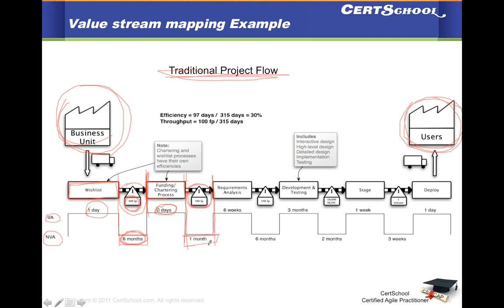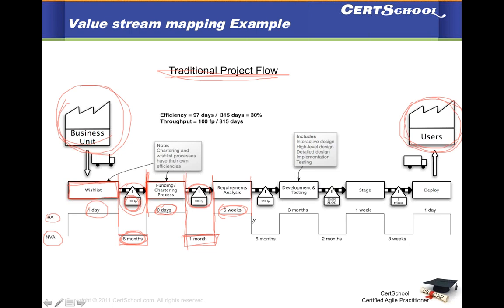So 1 month here is not a value add. Now that you're doing requirement analysis, it is a true value add. So you get 6 weeks of true value in that product, because you're doing the hard work of analysis and creating requirement documents, or BRDs, or functional requirement documents, or FRDs.